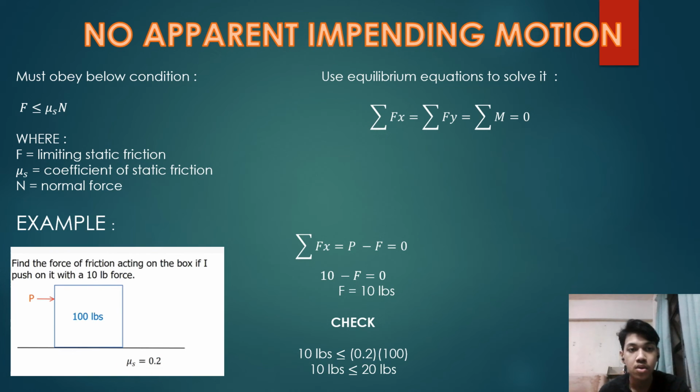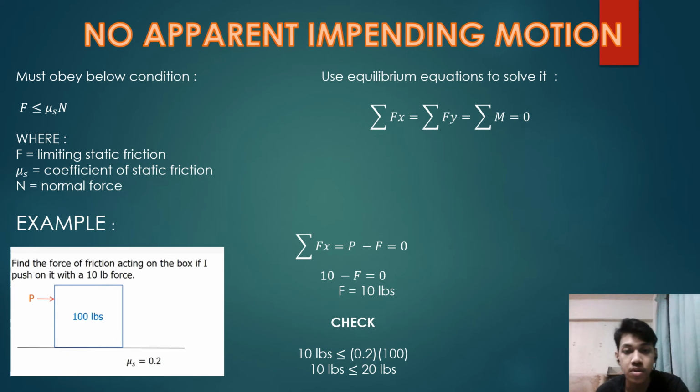We just use the x direction, we don't use the y direction, because it is only involving the x direction. So we use the sum of the forces in the x direction, which is P minus F, where F is the friction opposite to the direction of P, equal to 0.